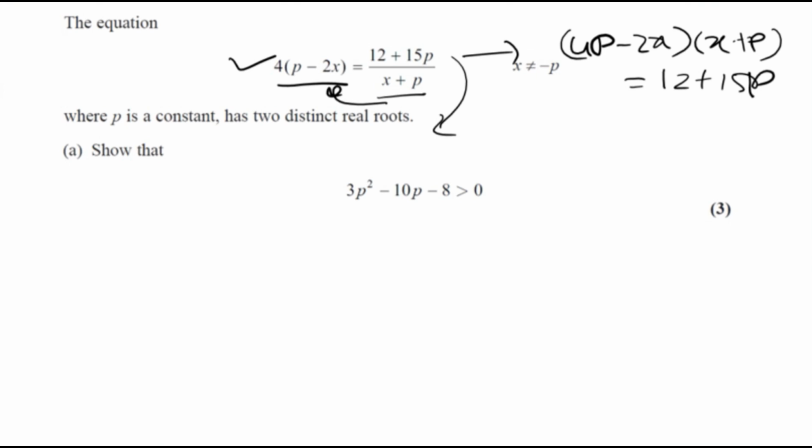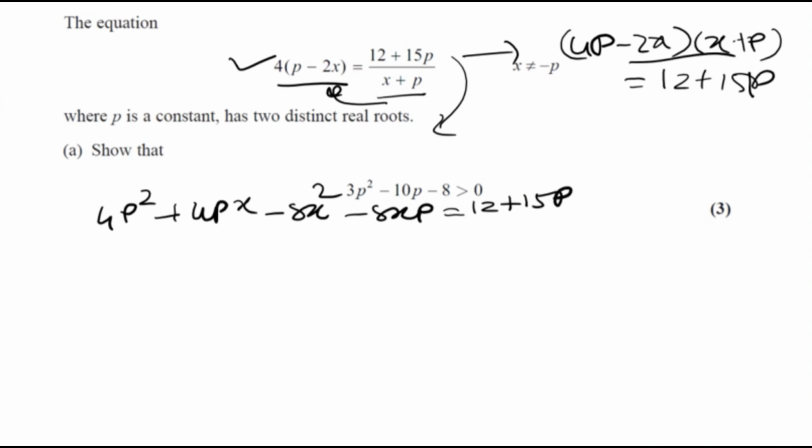Okay, so I have to expand this bracket, so I can write it down 4p squared plus 4px minus 8x squared minus 8xp is equal to 12 plus 15p. So here I multiply 4p by 4p, 4p squared, then by x, then 2x, and expand the bracket.